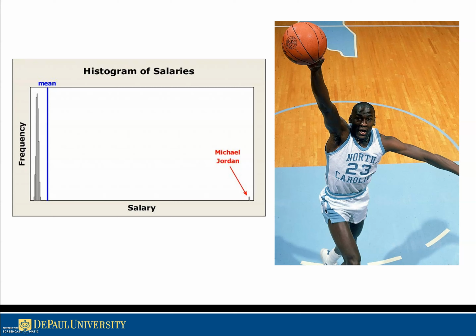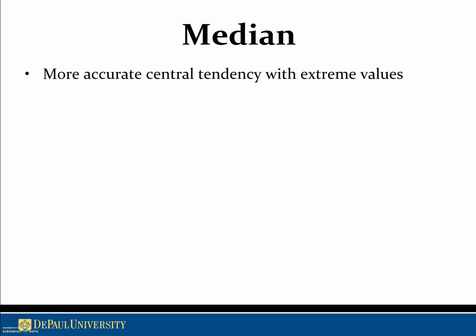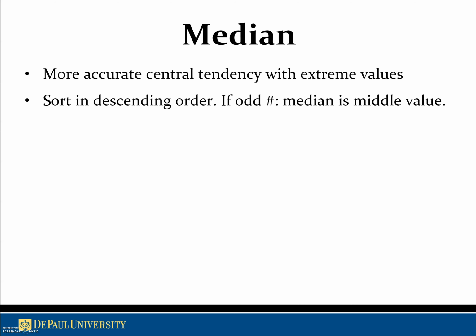He was a geography major and graduate from UNC, and so you can see how his value there really pulled the mean over and distorted what we would think of as the average or median salary of geography majors in that year. So it turns out that's a great example to keep in mind if you're interested in basketball or just familiar with it, of the reason you would try to keep in mind situations where the median is preferable. So it's more accurate with those extreme values.